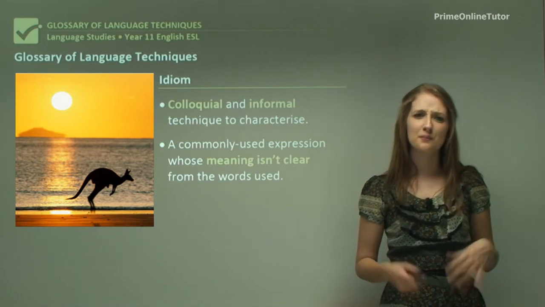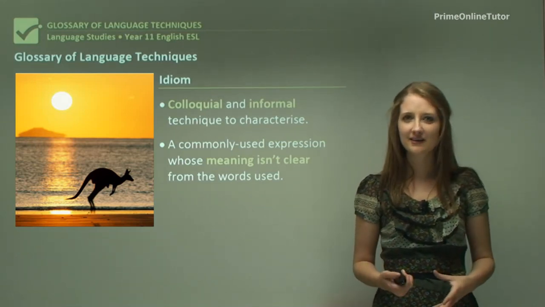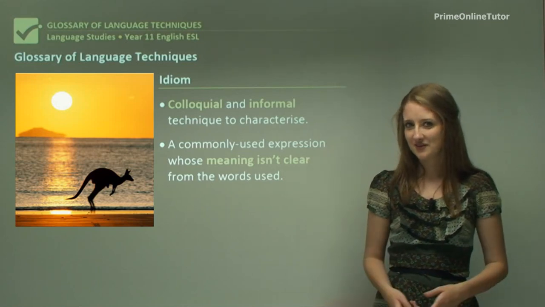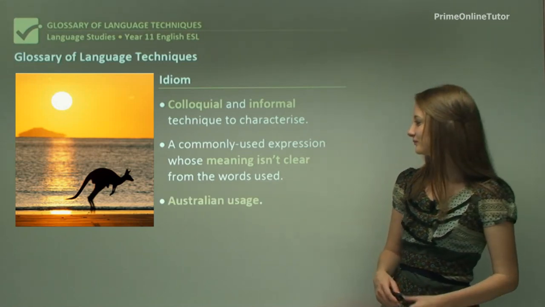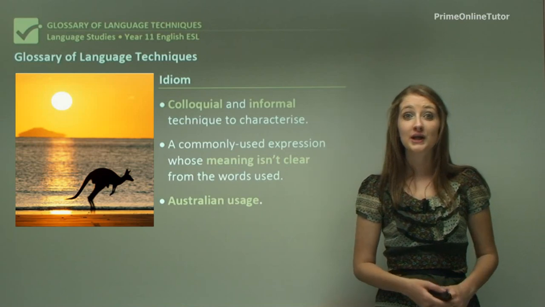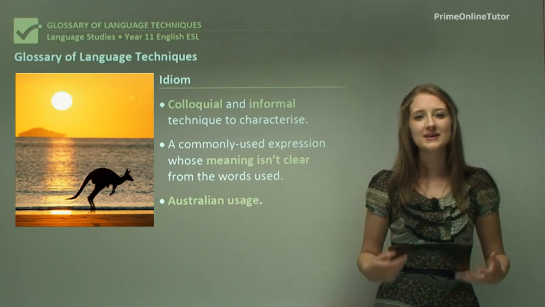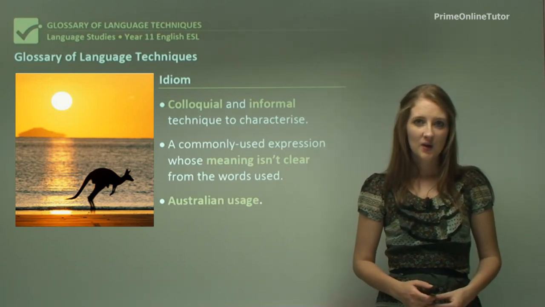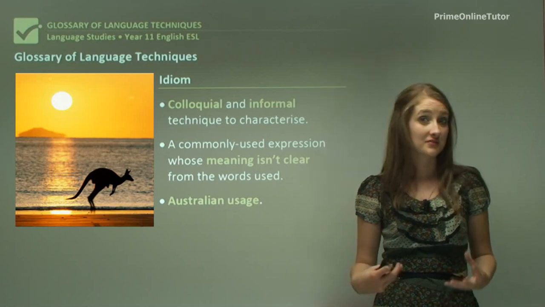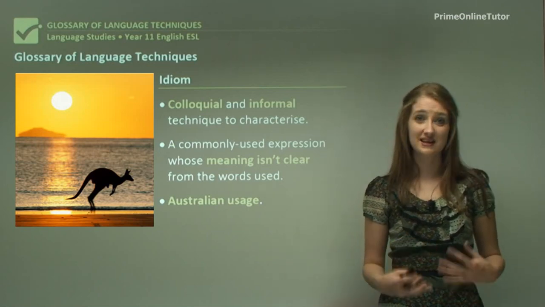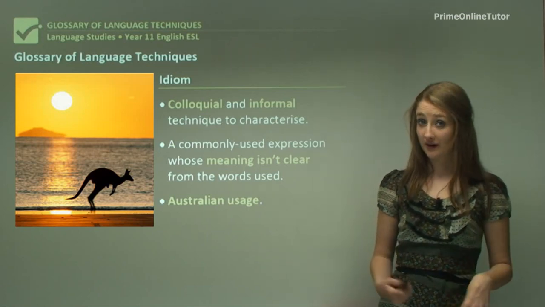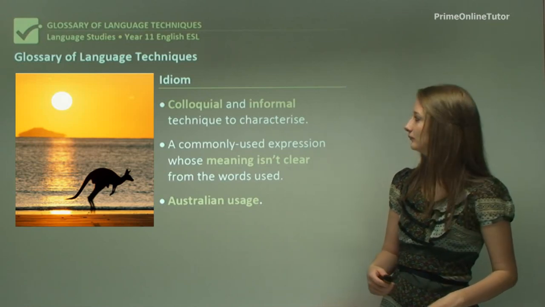So it's something which is a bit metaphorical or a bit unclear to someone who wouldn't usually be using that sort of expression. This is particularly strong in Australian usage, and we get that Australian slang, which to the outsider doesn't really make any sense because it doesn't really seem to express what the author is actually trying to say.